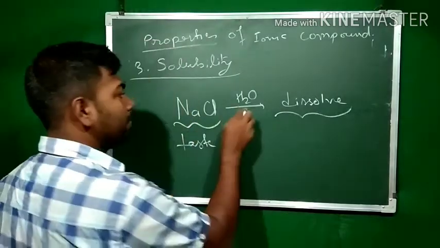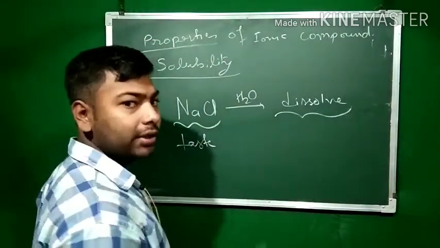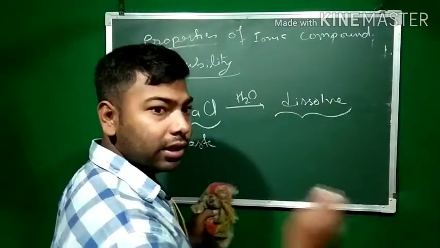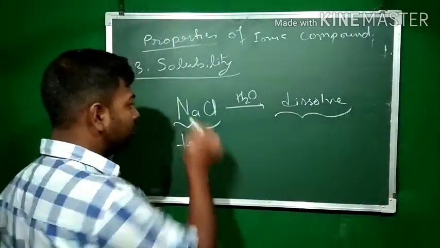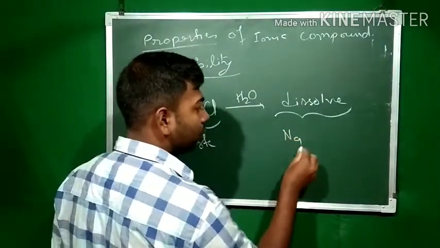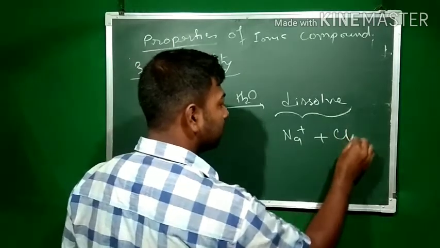Chemically, when sodium chloride or any salt dissolves in water, it dissociates. That means it breaks down into its ions, sodium positive and Cl negative.